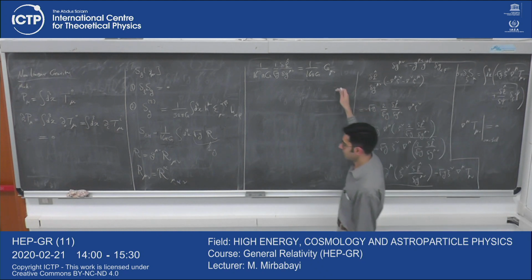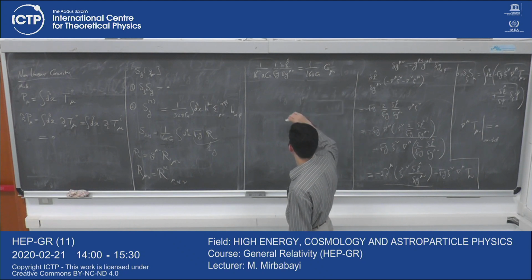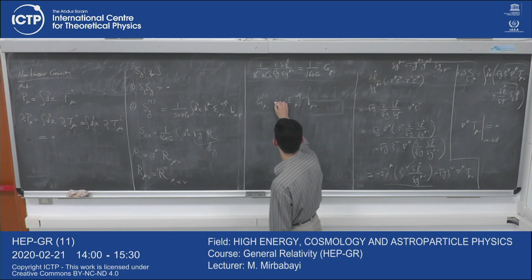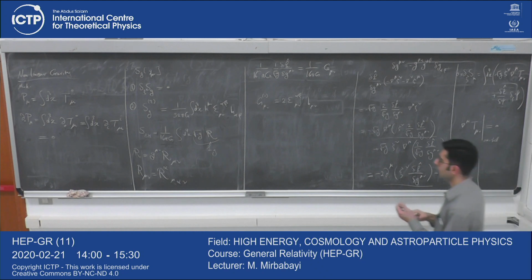And indeed, when I linearize this Einstein tensor, it gives me this epsilon alpha beta mu nu h mu nu, with a factor of 2, I believe. So that we can check.